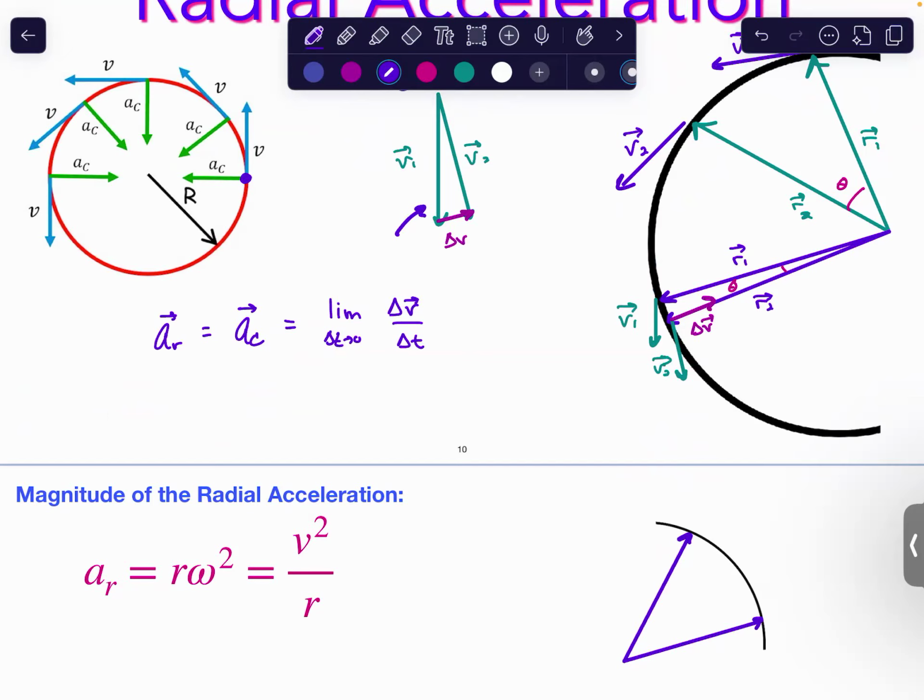So if you take all those velocity vectors and put them tail to tail, what you'll end up forming again is another circle with all the velocity vectors pointing outwards.